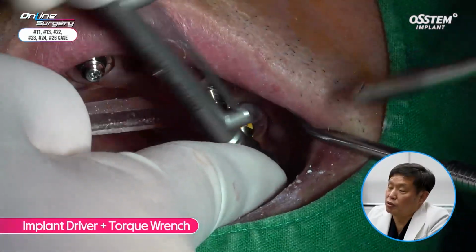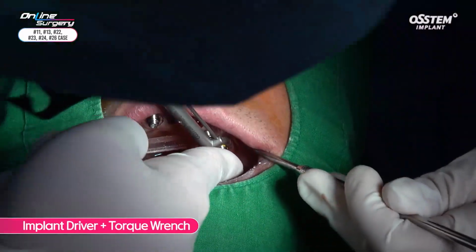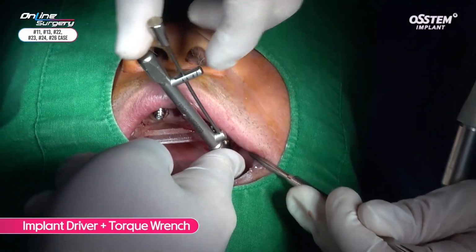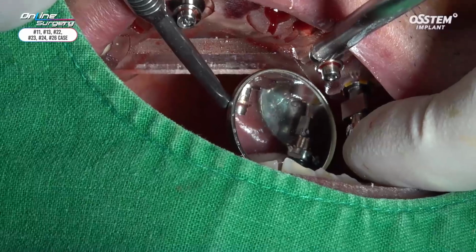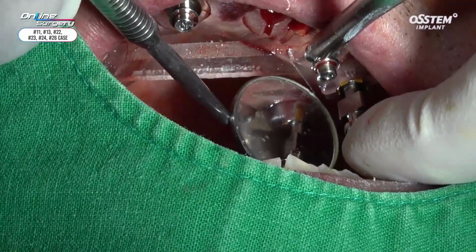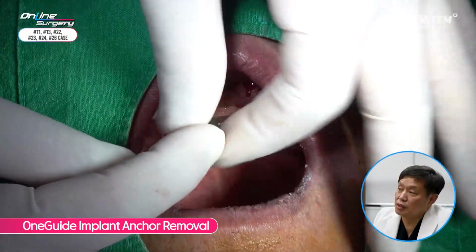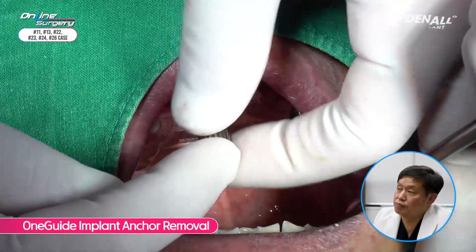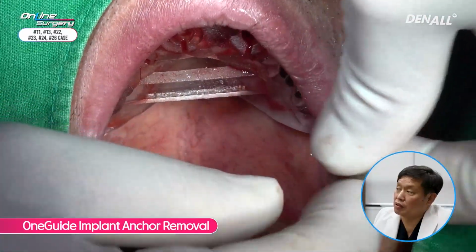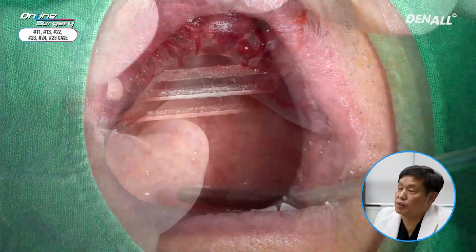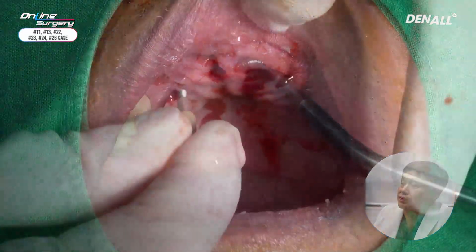The implant driver was used to position the implant. In number 11, where the implant anchor was, it was removed, and in number 24, the implant anchor was removed and the template was removed. The implant placements were complete.